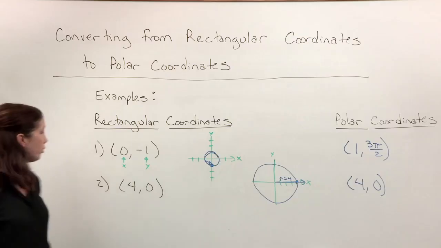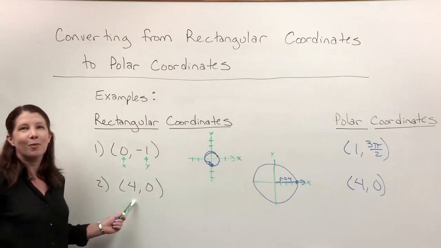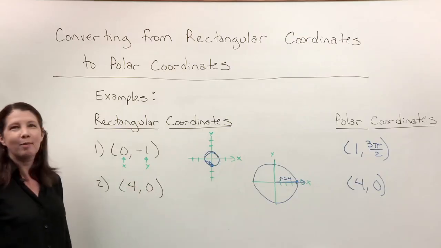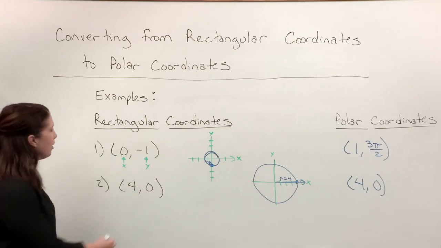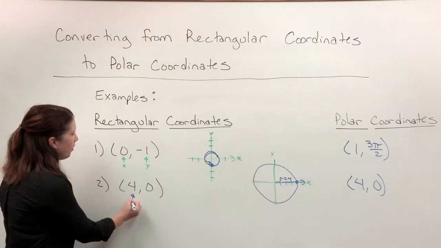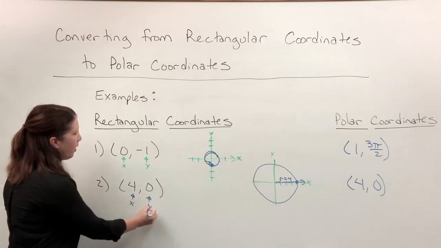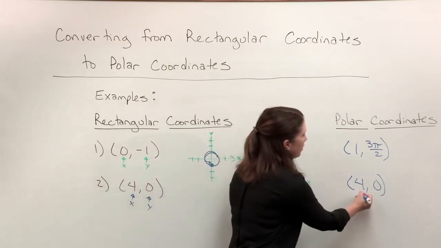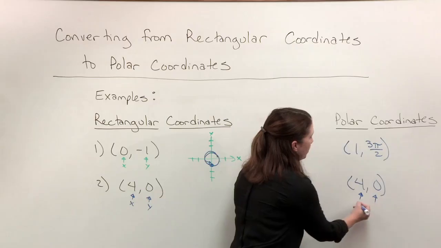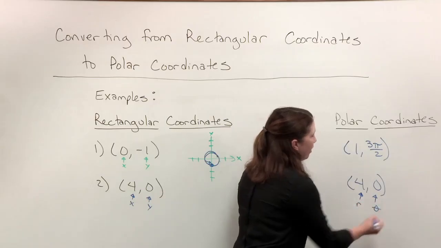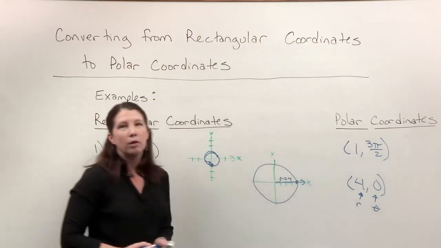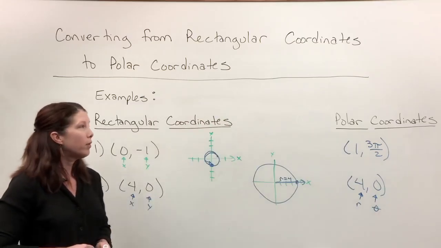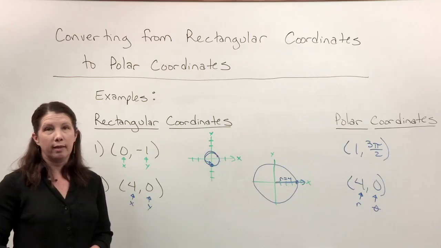Now this might seem strange because the rectangular form looks the same as the polar form. It's important to remember that this 4, 0 representing x and y doesn't have the same meaning that this 4 and 0 has, where it represents r and theta. You also may be thinking about the fact that there are different ways that we could represent any of these points.